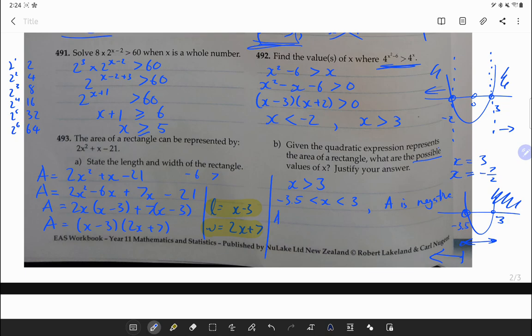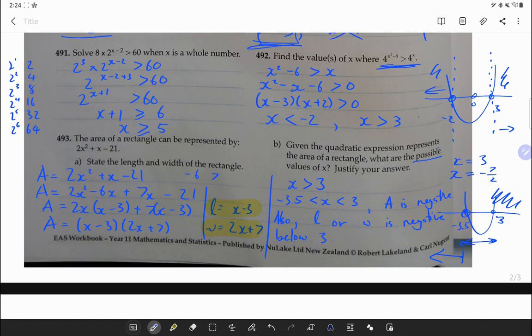Also, length and width is negative below 3.